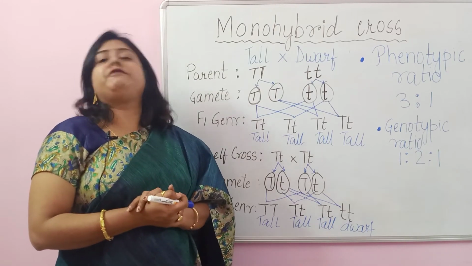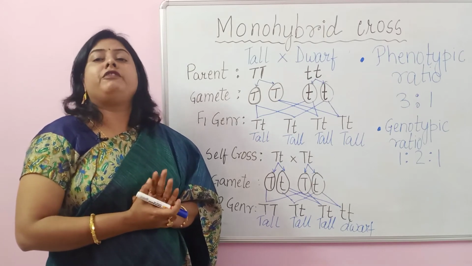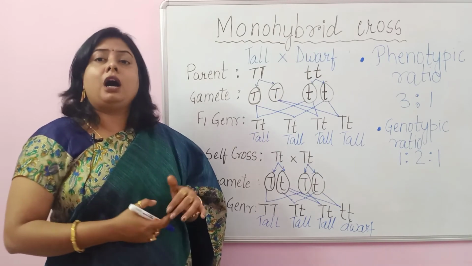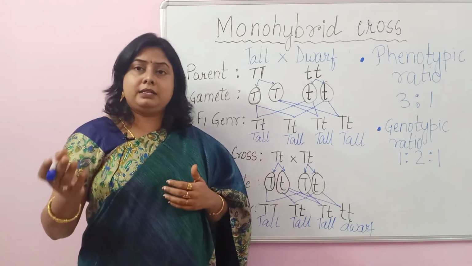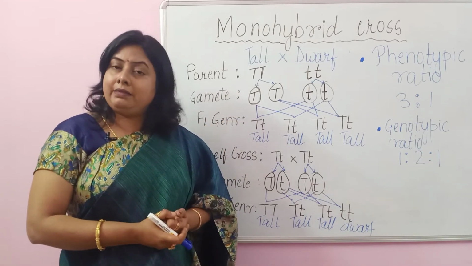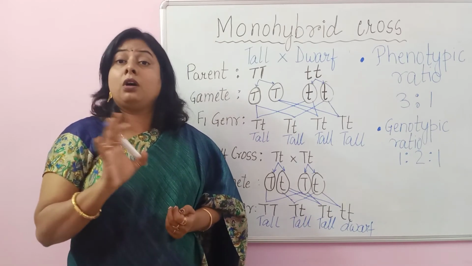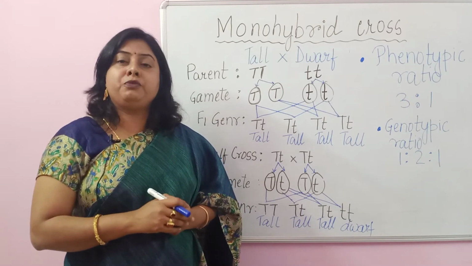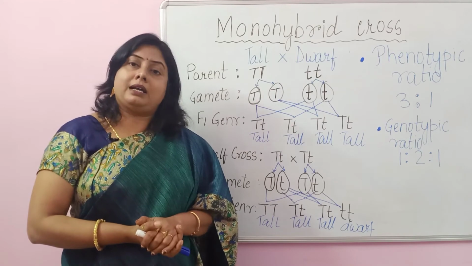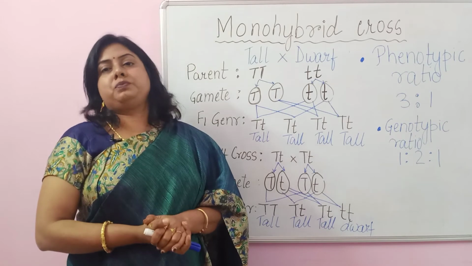And this is the first principle of Mendel, the law of dominance and recessiveness, which states that out of a pair of contrasting characters, only one character expresses itself, and that is the dominant character. And the other character does not disappear but remains hidden or masked, and that character is known as the recessive character.